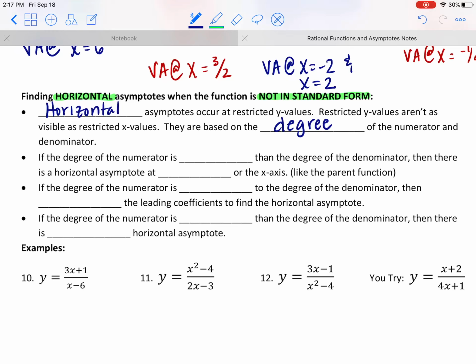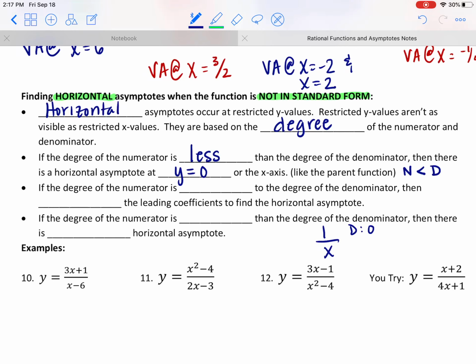So let's start with less. If the degree of the numerator is less than the degree of the denominator, then the horizontal asymptote is going to be at y equals 0, just like the parent function. Remember, the parent is 1 over x.